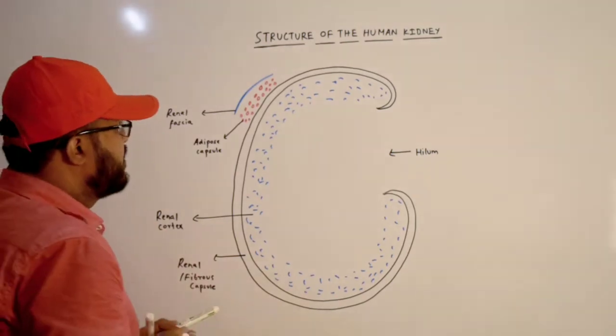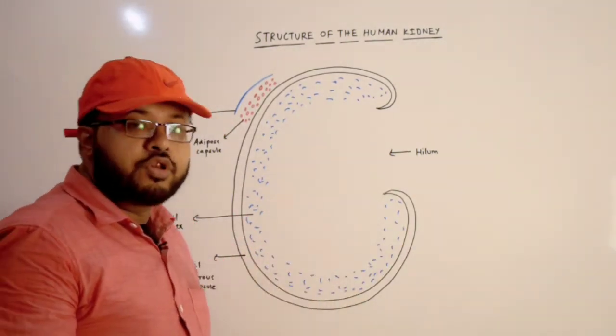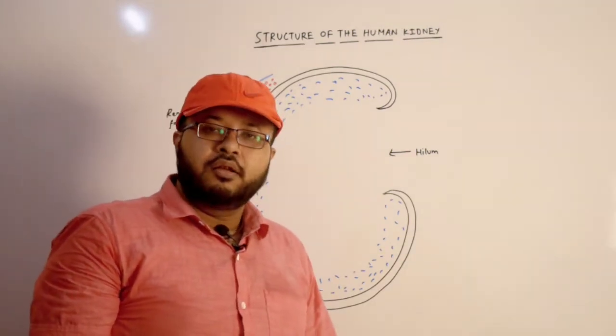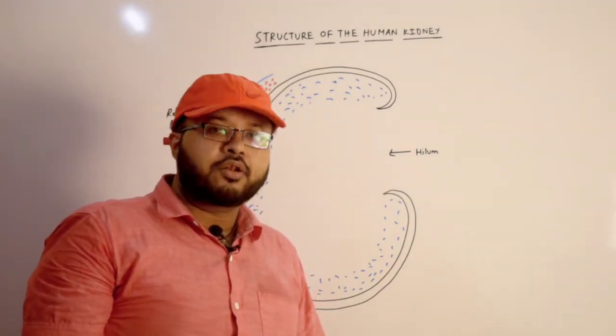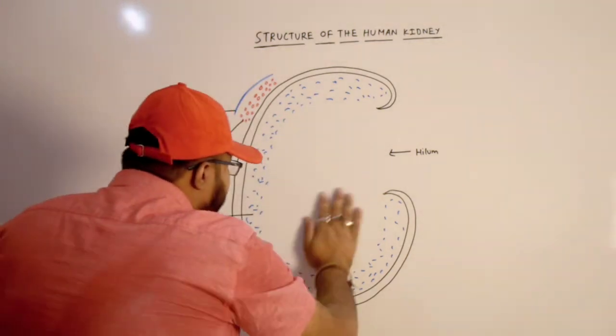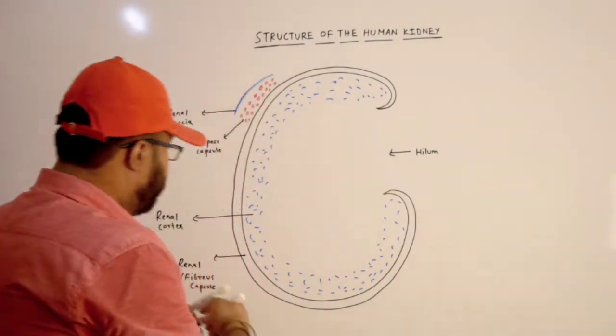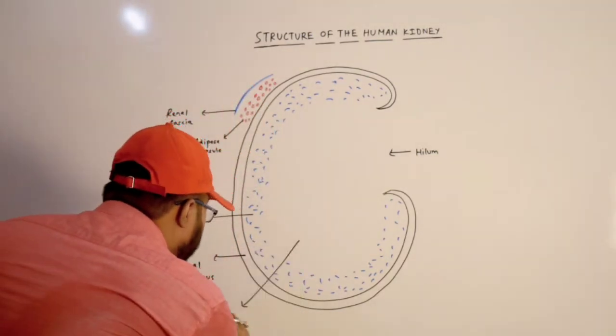Renal cortex has a dotted or granular appearance due to the presence of renal corpuscle and proximal and distal convoluted tubules of nephrons. This inner region is called the renal medulla. So this is the renal medulla.